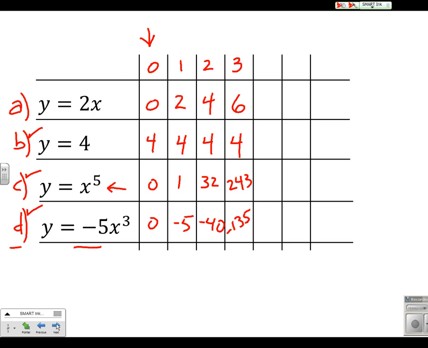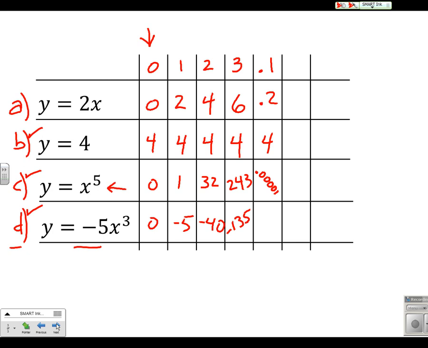Does function A at any time become our strongest function? Well, I'm convinced if I continue on beyond 3, function A is not going to be my strongest function, but let's consider just 0.1. 2 times 0.1, 0.2. B is always 4. C, 0.1 to the 5th, 0.00001.